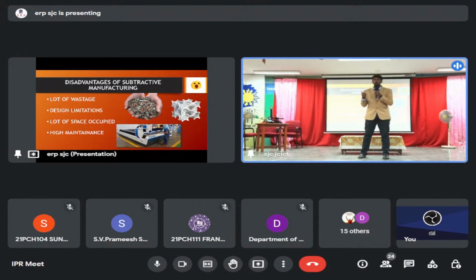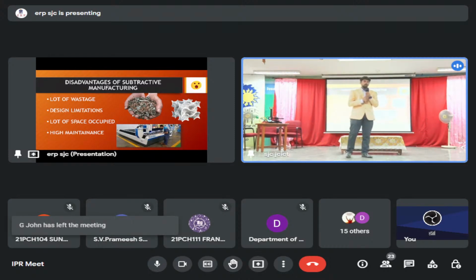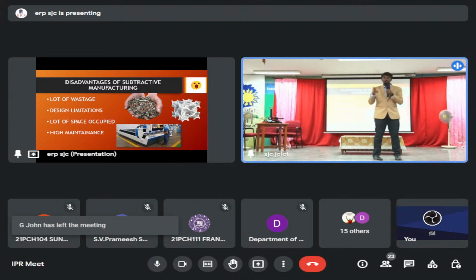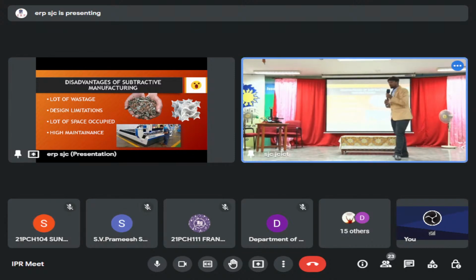So the first problem subtractive manufacturing creates is lots of waste. The second one is designing limitations.